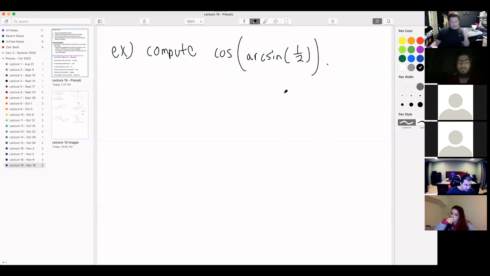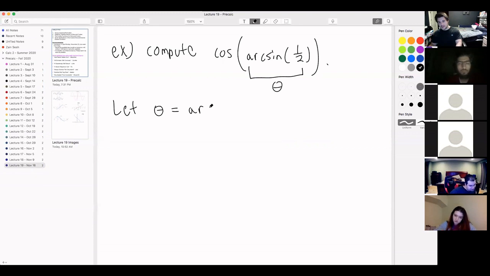Okay, so this is what you do. You go to the input of cosine and you call that theta. So you go to arcsine of 1/2 and you set up a variable, theta, and set it equal to that. So you let theta be arcsine of 1/2.